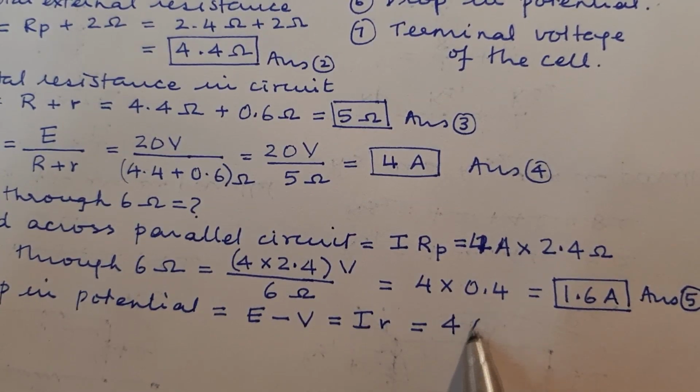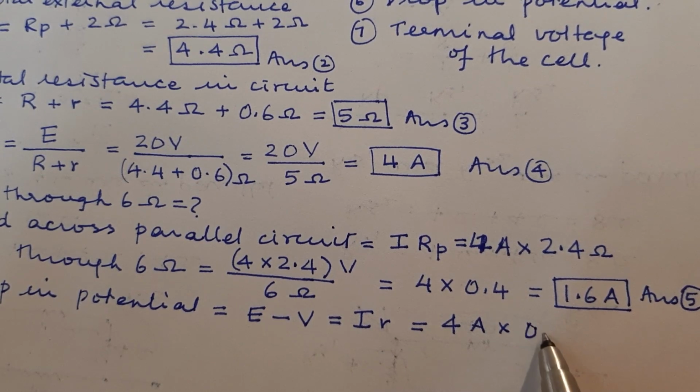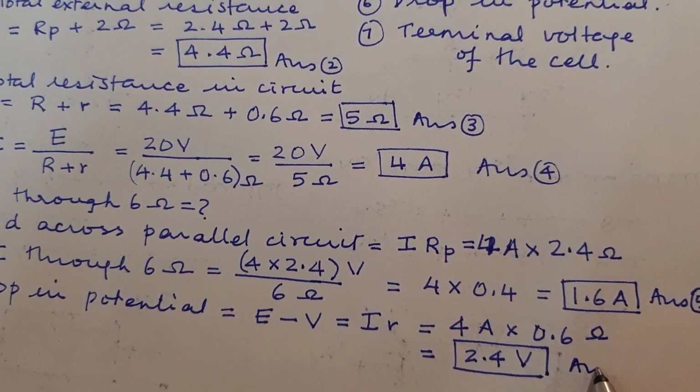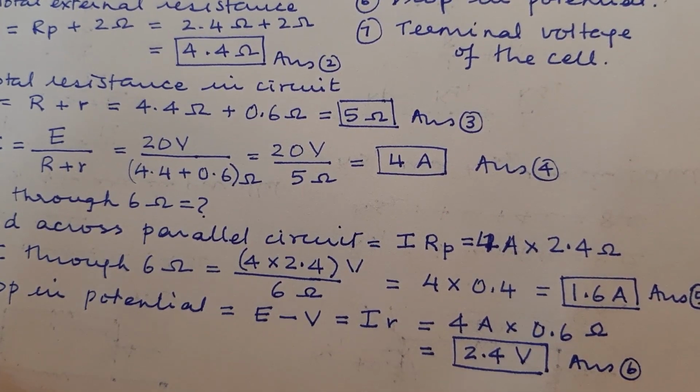Current in the circuit is 4 ampere multiplied by the internal resistance is 0.6 ohm, and so that comes to 2.4 volt. This becomes our drop in potential, and that is our answer 6.